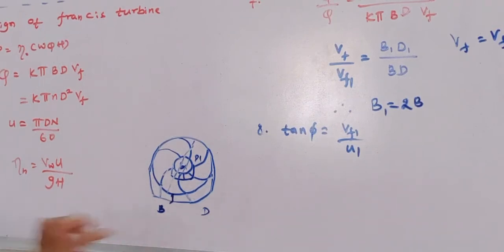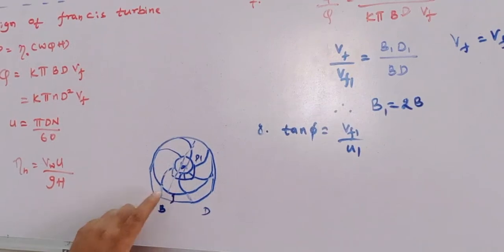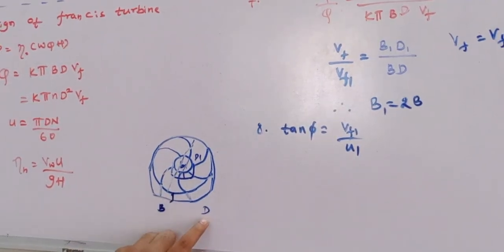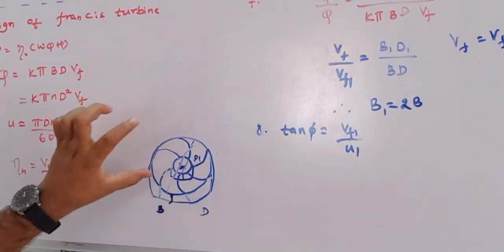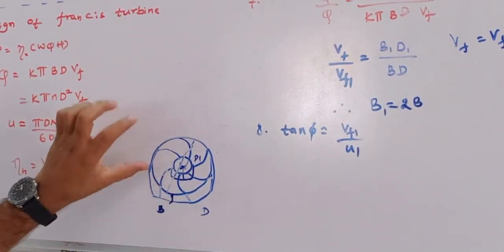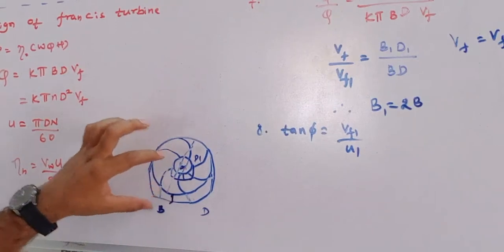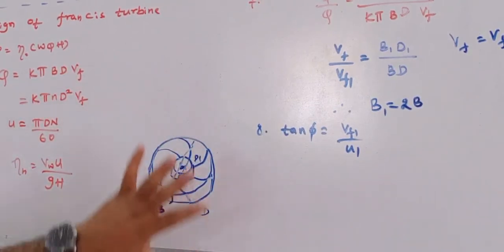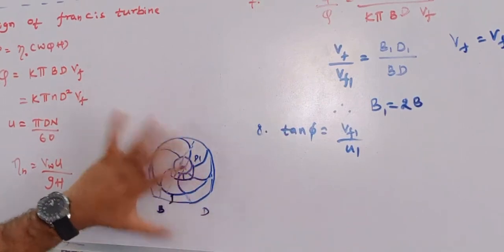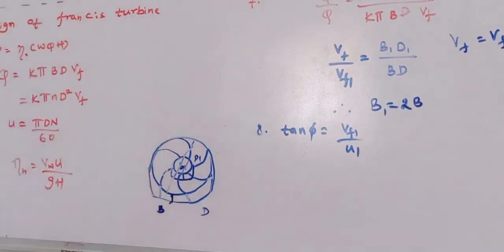B is the width of the runner outside and D is the diameter at the outside. B1 is the width at the inside or outlet and D1 is the diameter at the inner side. If you understand these dimensions of the runner, we will be able to understand the rest of the part.